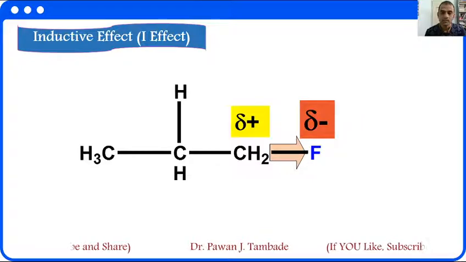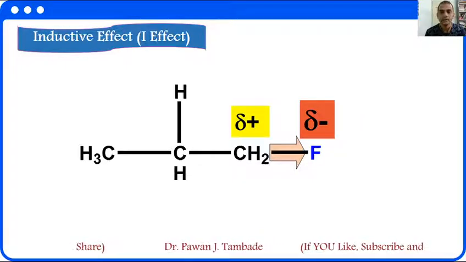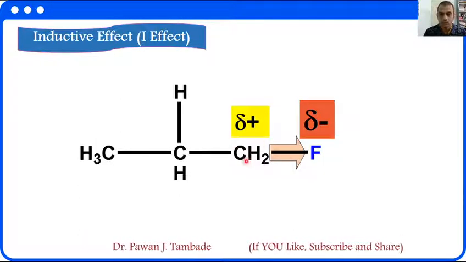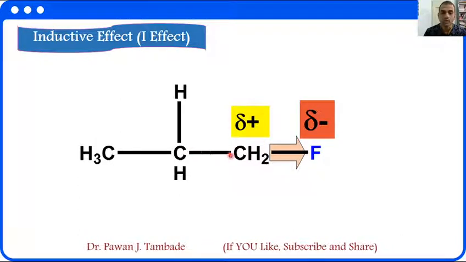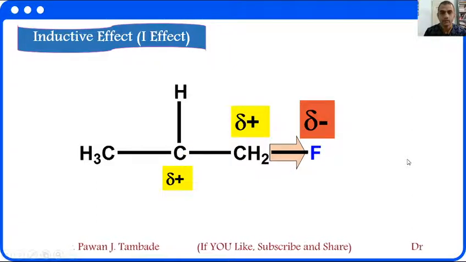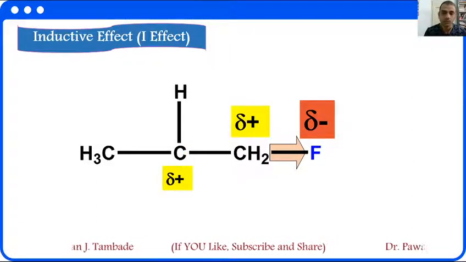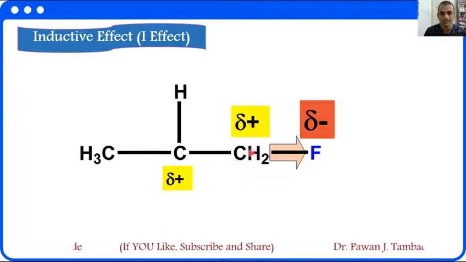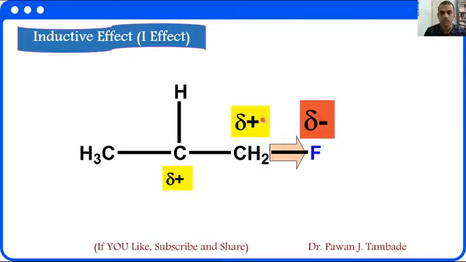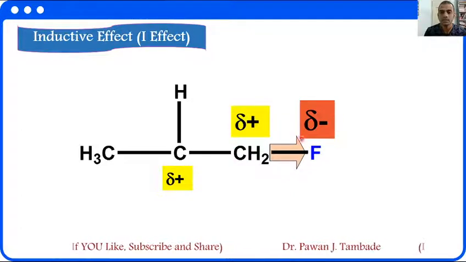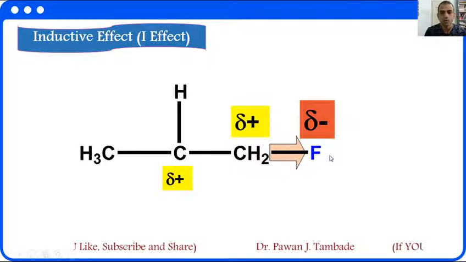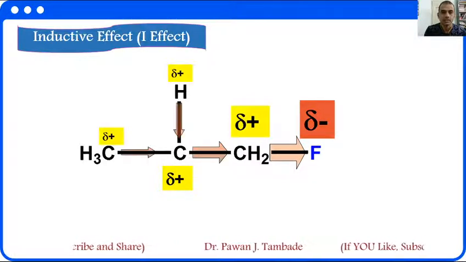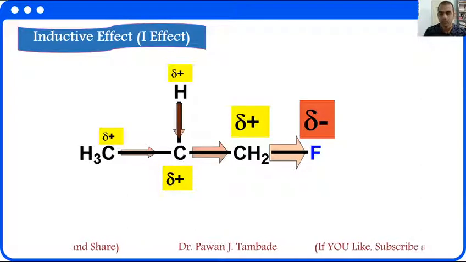Now this polarization will be extended across the carbon framework, because the carbon which got partial positive charge will pull electrons from the carbon-carbon bond, and the neighboring carbon will also get a partial positive charge. But the partial positive charge on the neighboring carbon will be less than that on the carbon directly attached to the more electronegative atom or group. In the same way, this partial positive charge gets extended across the carbon framework.